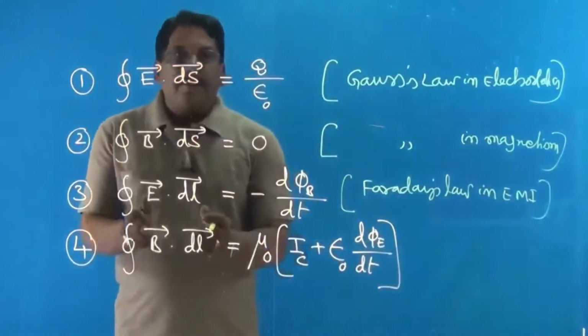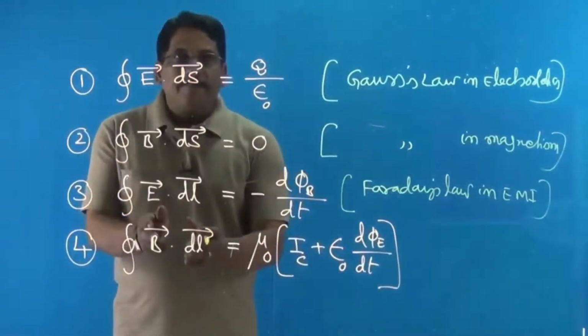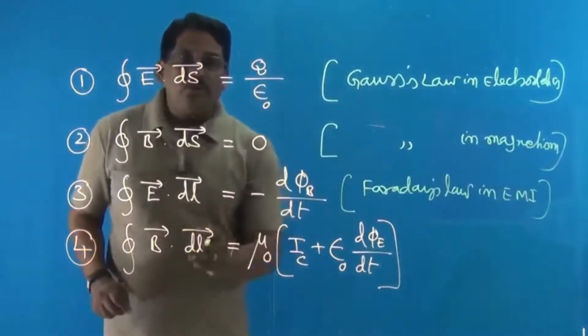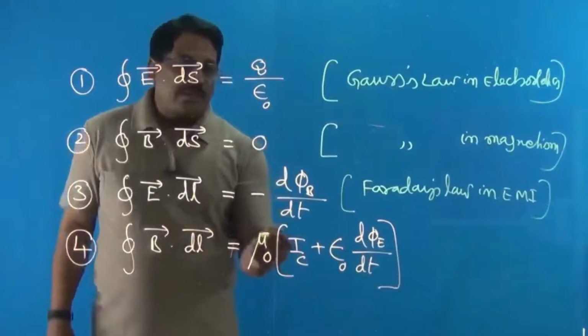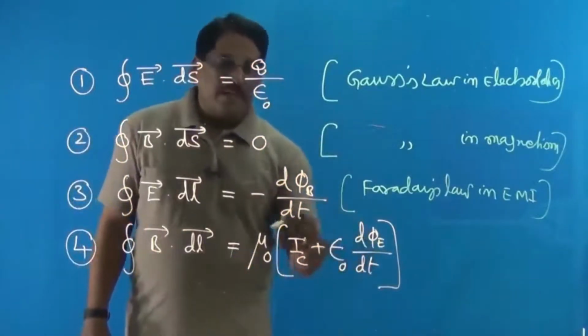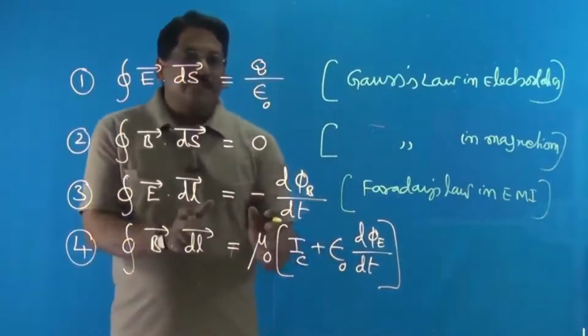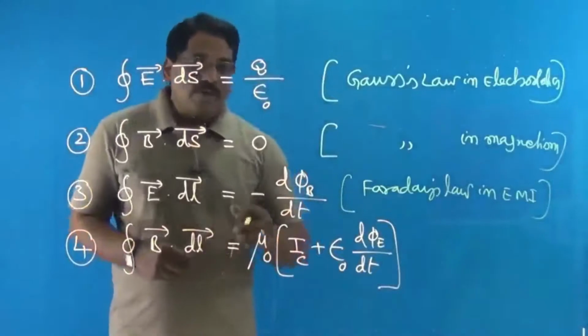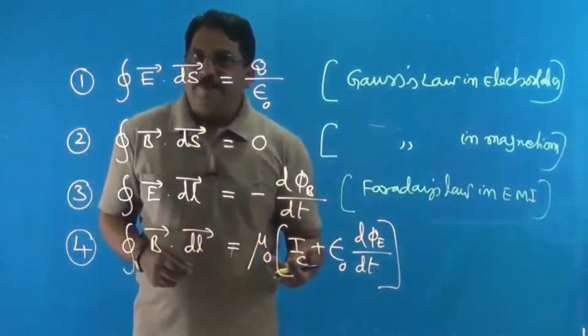So this is simply the Ampere-Maxwell circuital law, or the modified form of Ampere circuital law.